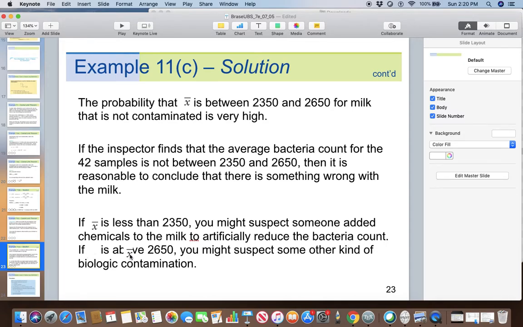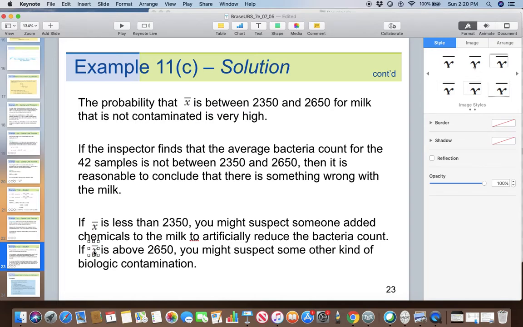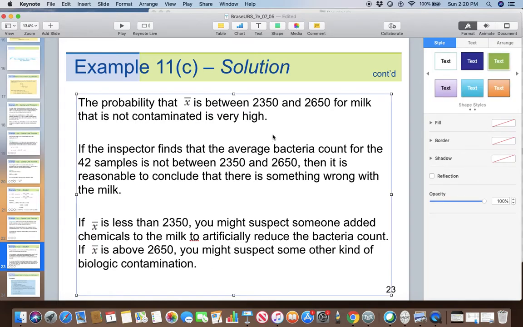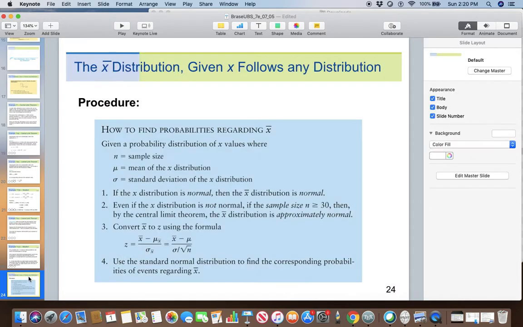If X bar is above the higher number, you might suspect some other kind of biological contamination. So to fall between these two numbers, the probability is 99%. If you are below this or above that, something is off. That's what the inspector will conclude.